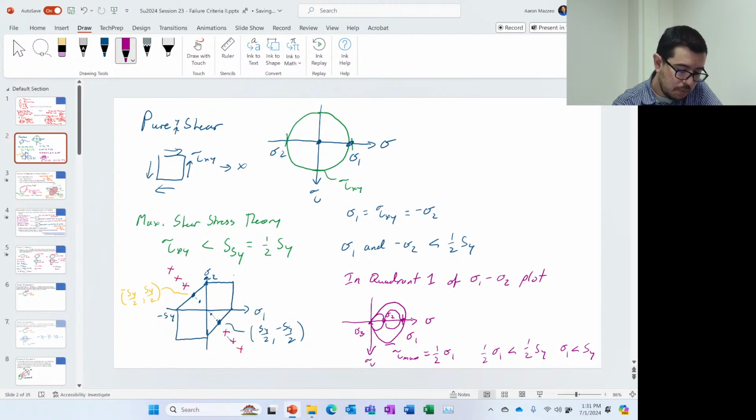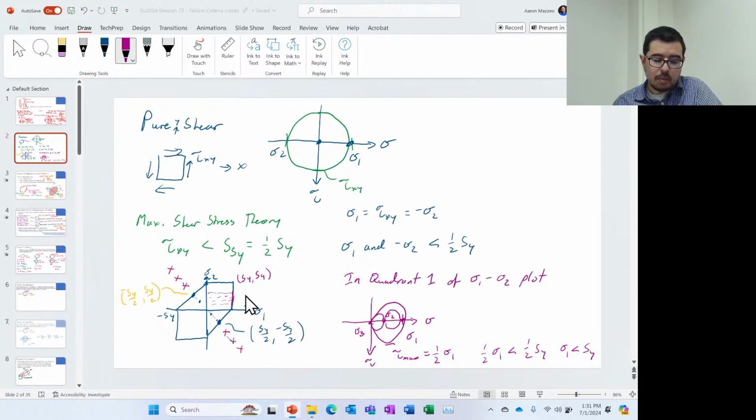This point right here is sy, sy. Anything can go up to that value. And it doesn't really matter what sigma 2 is, as long as sigma 2 is less than or equal to sigma 1. It can be anything that fills this box.